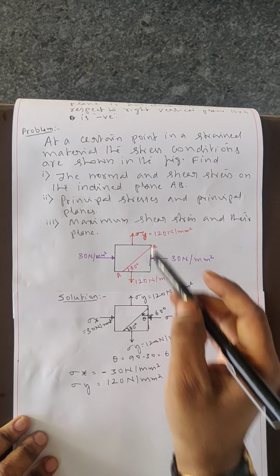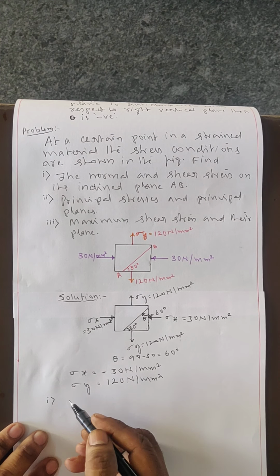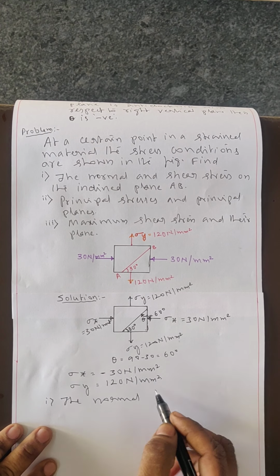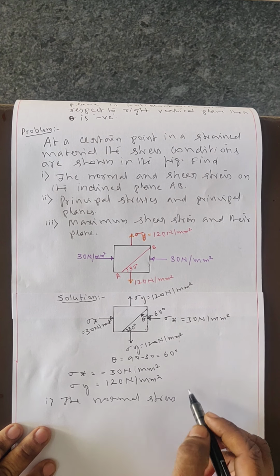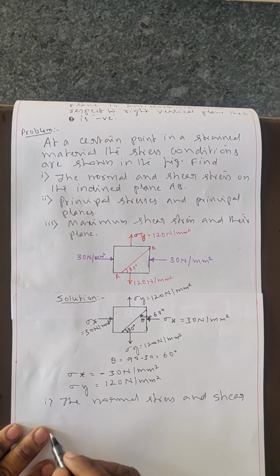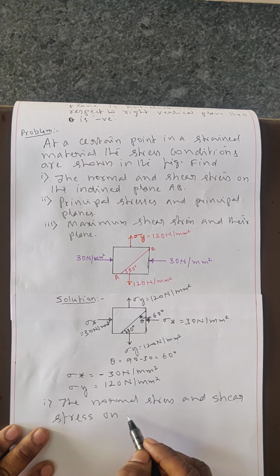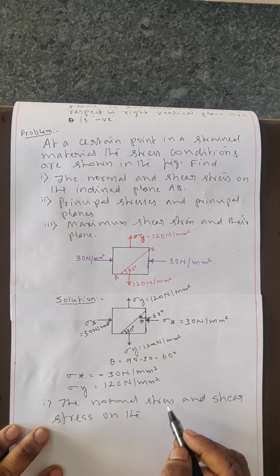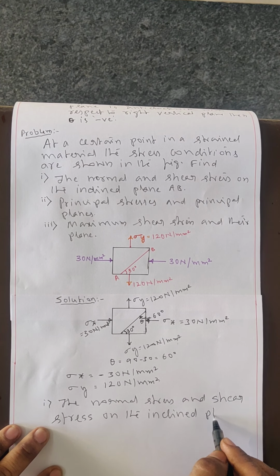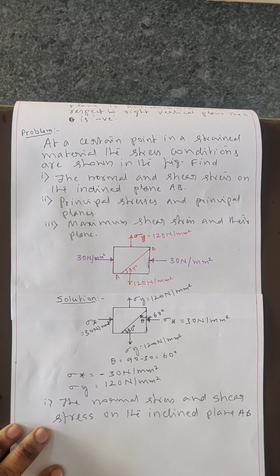First, we will calculate the normal stress and shear stress on the inclined plane AB. Here theta is 60 degrees.